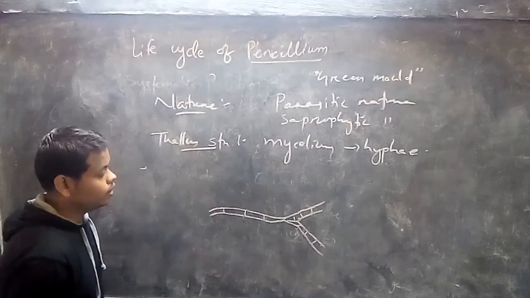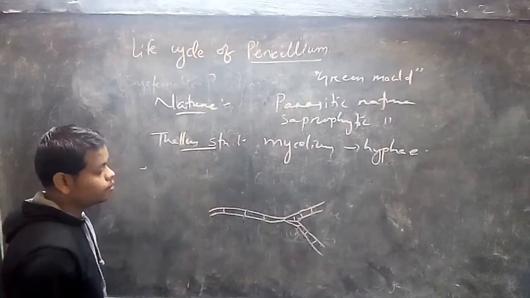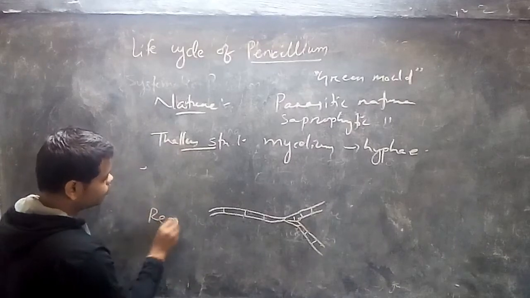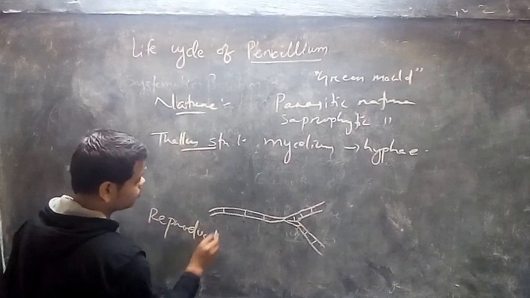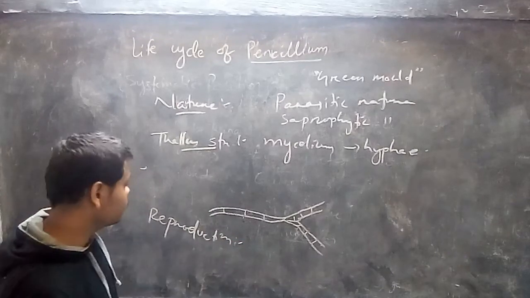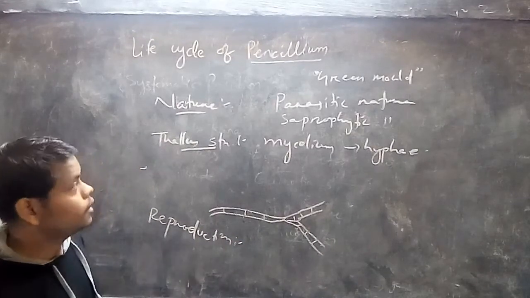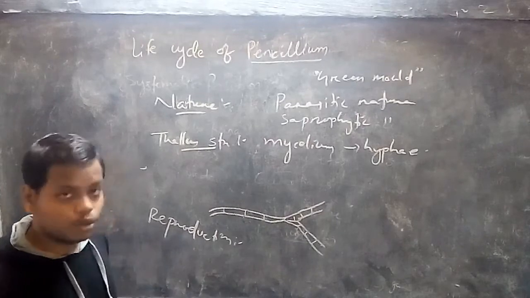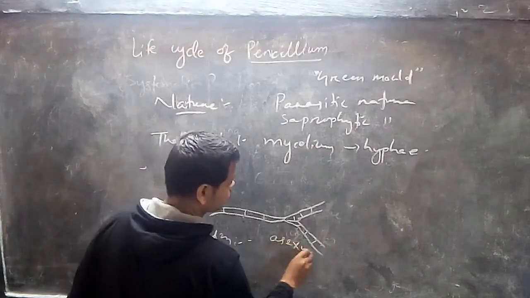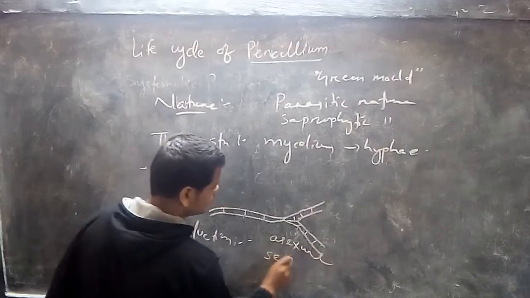Then there is reproduction. After thallus structure, there is reproduction. This reproduction is very important. In reproduction, Penicillium reproduces by two methods. One is the asexual method, another is the sexual method.